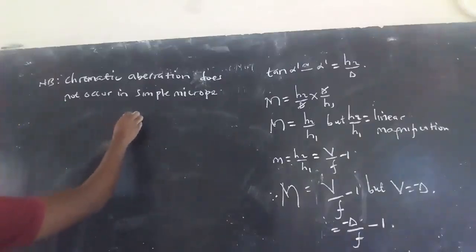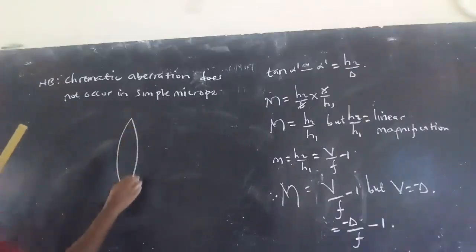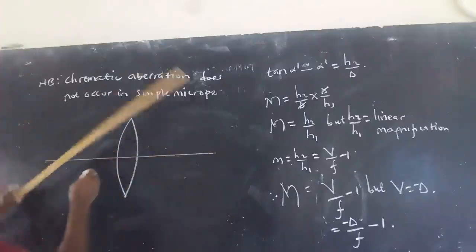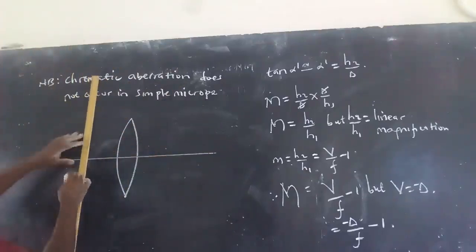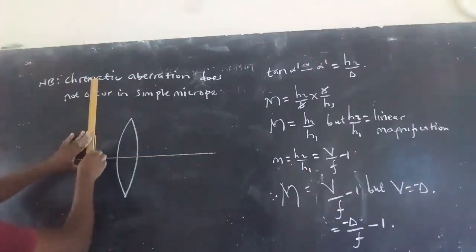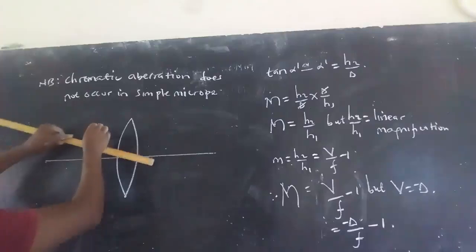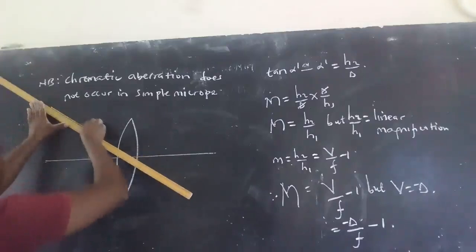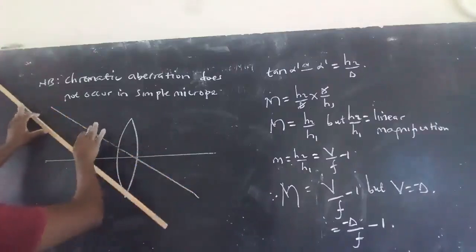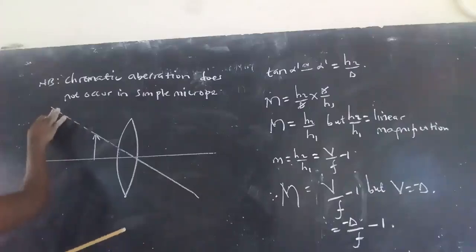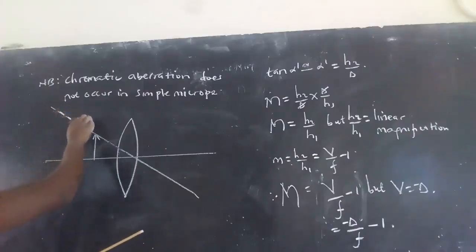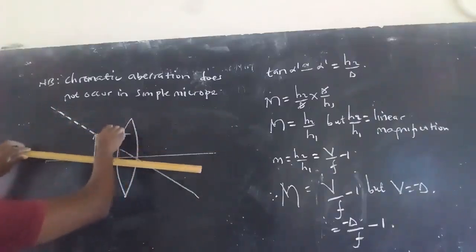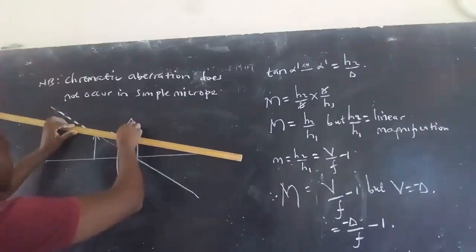Let me say this is a lens. Then we shall have white light. Let's have it like this. Then here have this. Now we have this one here.